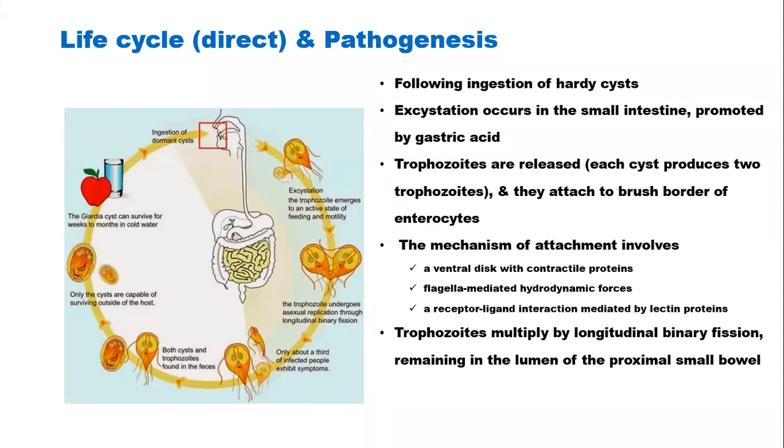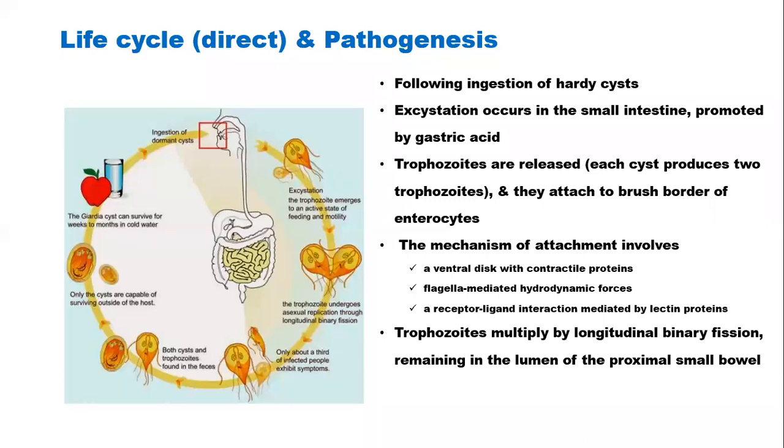Because it's motile by means of flagella, there is some degree of flagella-mediated hydrodynamic forces that tend to enhance the attachment to the brush border. Then there's also a receptor-ligand interaction mediated by lectin protein present on the organism.